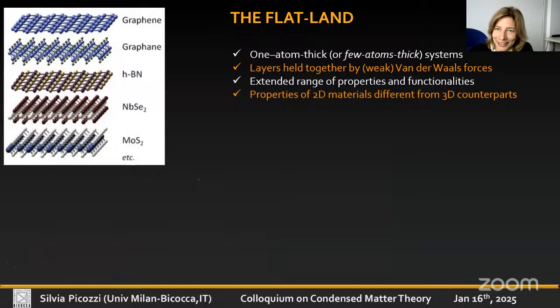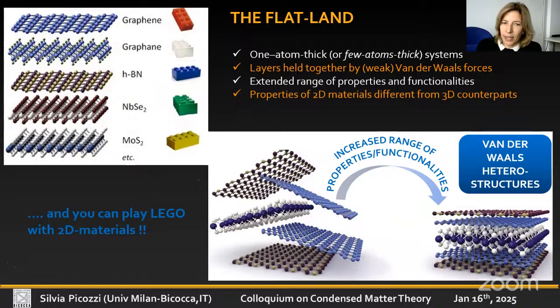So, Flatland. As probably you all know, these are materials which are one atom thick or a few atoms thick, and these layers are held together by van der Waals, by weak forces. They are interesting because they offer a lot of functionality, some of it different from their 3D counterparts.